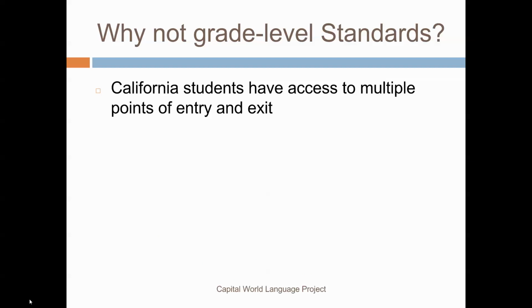So we do not, in fact, have grade level standards in California. There is no 9th grade French standard. There isn't even a 9th grade world language standard. And this is because, as we said, students have access to multiple points of entry into language programs and exit out of language programs, not to mention students who already are learning language outside of school entirely.